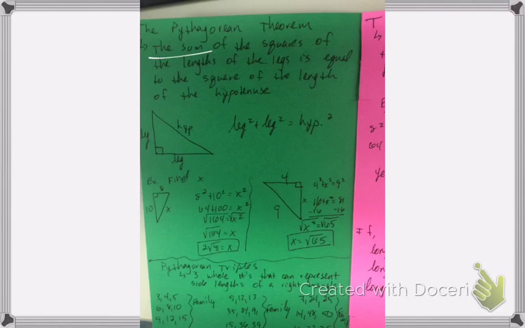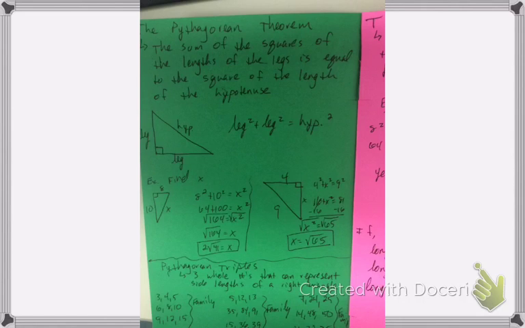In other words, as long as you can pick out the legs and the hypotenuse, then leg squared plus leg squared is going to equal hypotenuse squared. Now, I know you were taught before a squared plus b squared equals c squared, but I really think that you need to get out of that habit of thinking of it as a, b, and c, and start thinking of it as legs and hypotenuse.